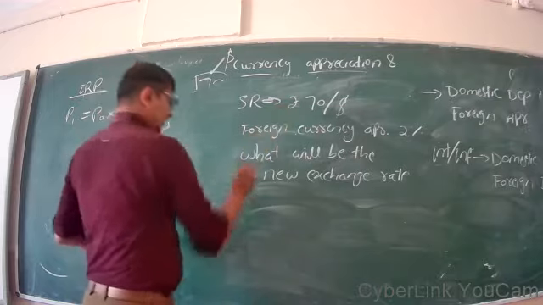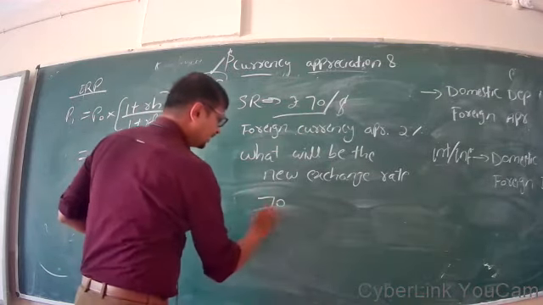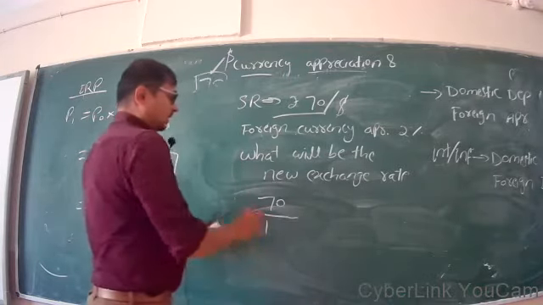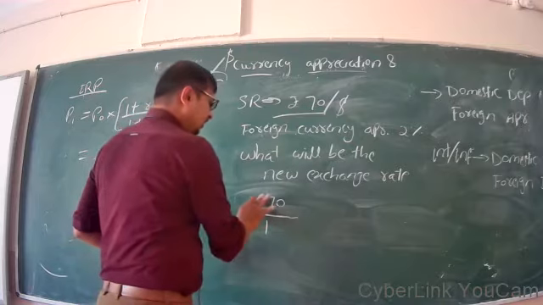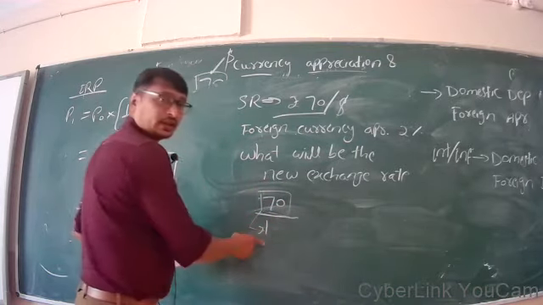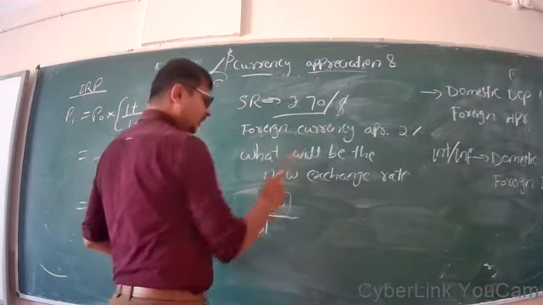If I rewrite this quotation, it is rupees 70 per 1 US dollar. Earlier you had to pay only 70 rupees to buy this US dollar. Now this US dollar got appreciated by 2%.